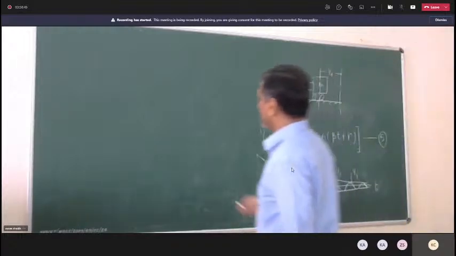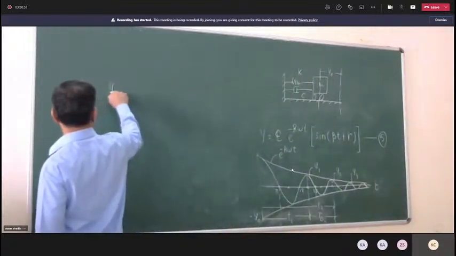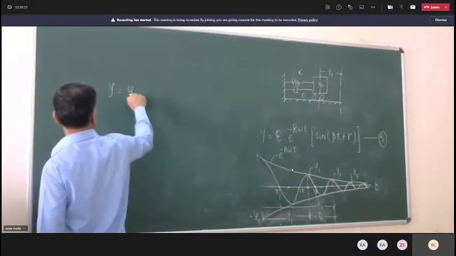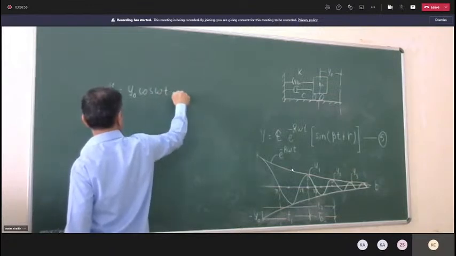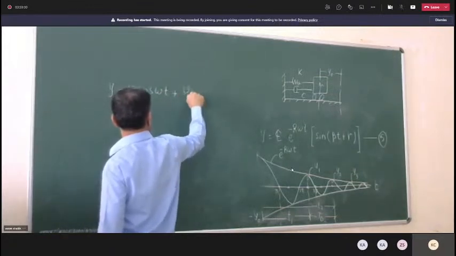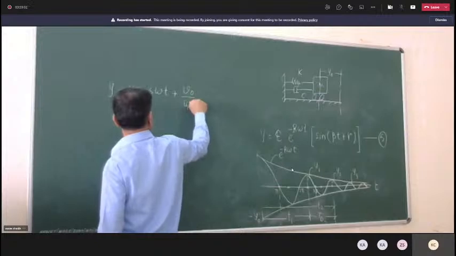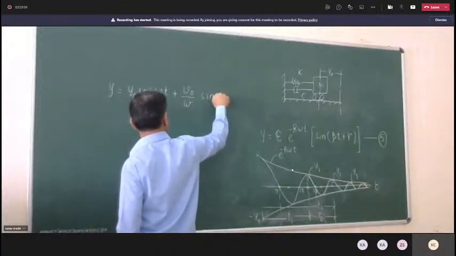I think you have derived the equation of y as y0 cos omega t plus v0 upon omega sin omega t.